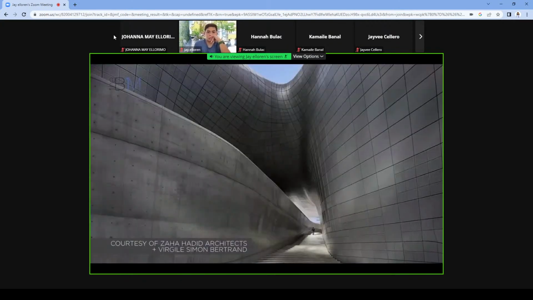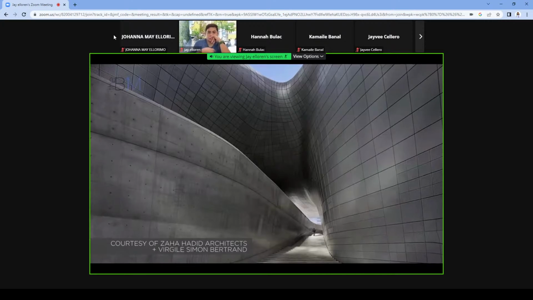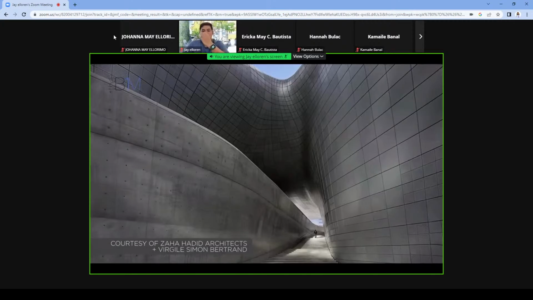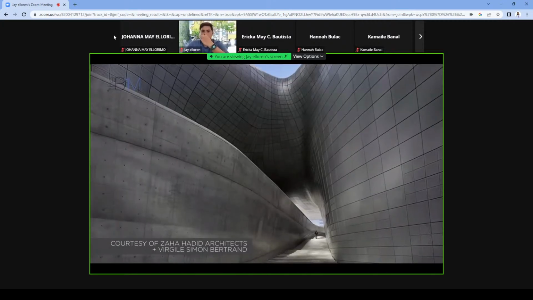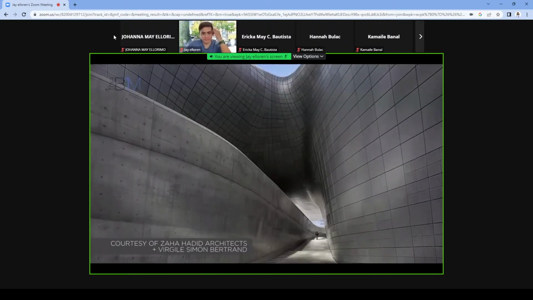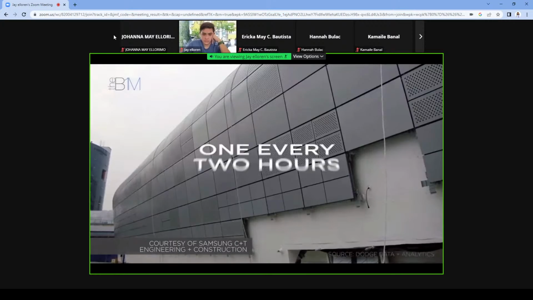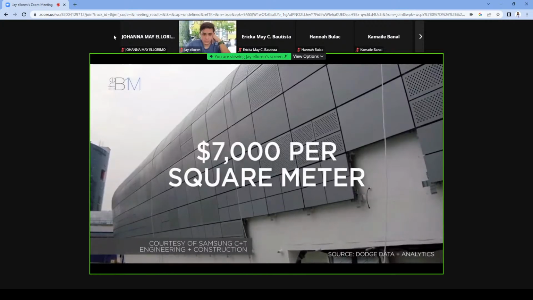To construct the building's facade, the project team looked for a quick and affordable way of manufacturing the 45,000 aluminium panels. As each panel was unique, a way to mass customise panels without using fixed moulds was required. Sheet metal processing technologies considered at the start of the project could only deliver panels at a rate of 1 every 2 hours and at a cost of $7,000 per square metre.